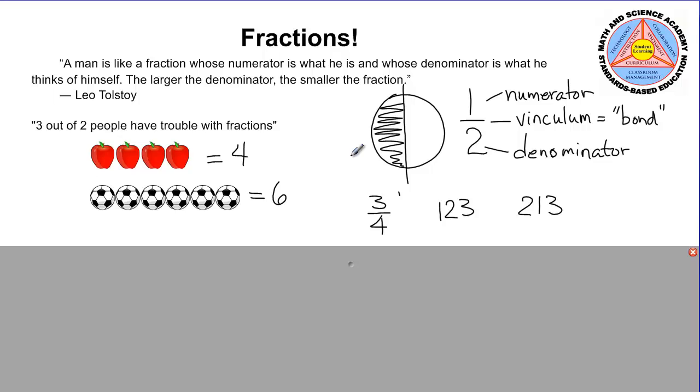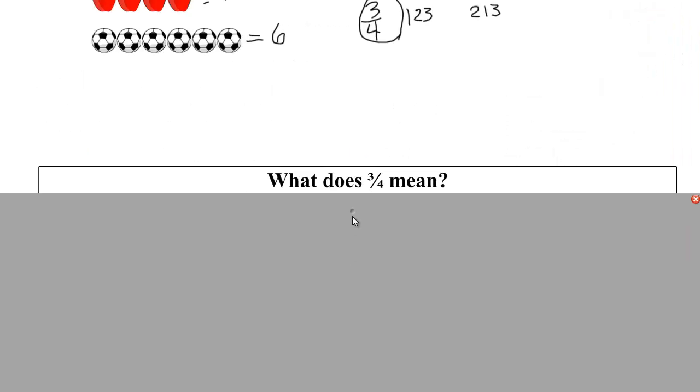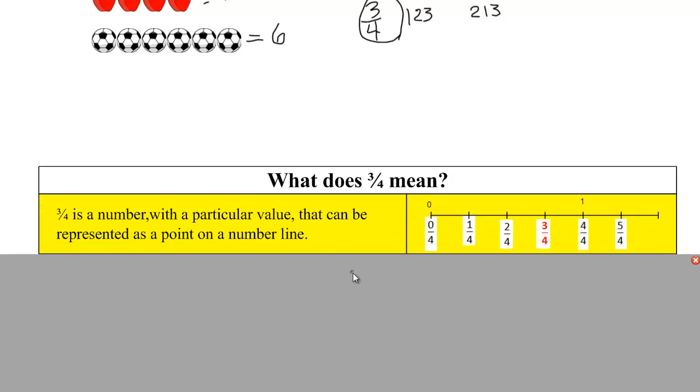Consider the number 3/4. What exactly does the number 3/4 mean? It may seem simple, but in fact, you'll see it means many things. First and foremost, 3/4 represents a number, a single number with a certain value in the rational number system, the same way that 4 is a member of the whole number system. We can represent this number as a point on a number line. We want our students to be really clear that mathematically speaking, a fraction is a number.